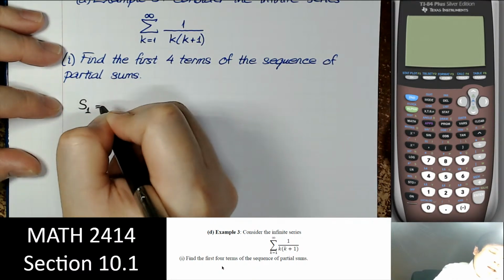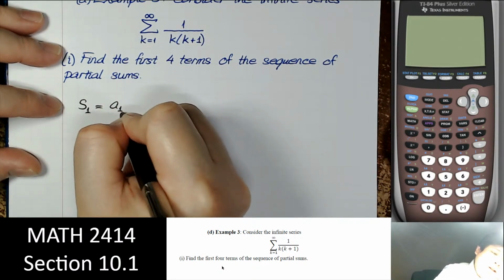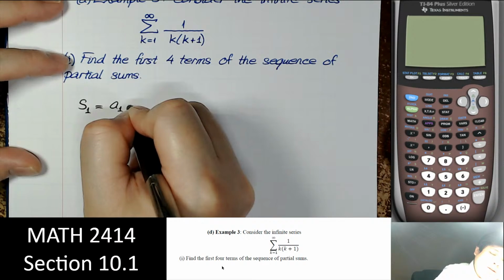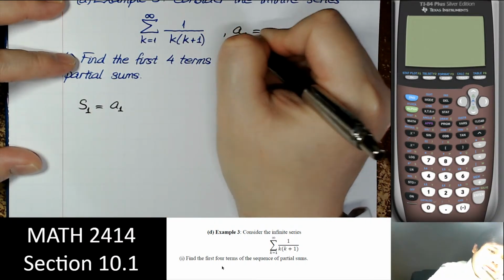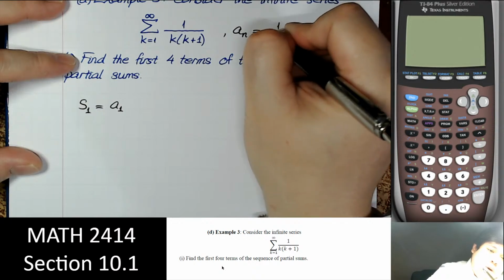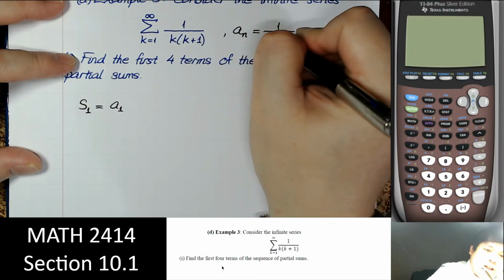So the first term is just A1. When we write it like this, we mean the nth term in the sequence is 1 over k times (k plus 1).